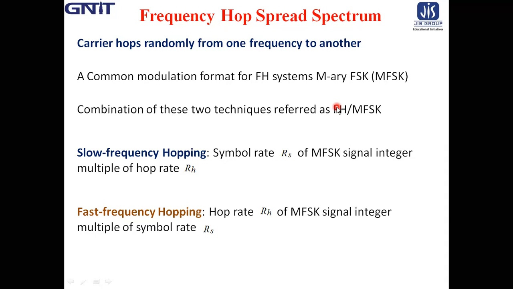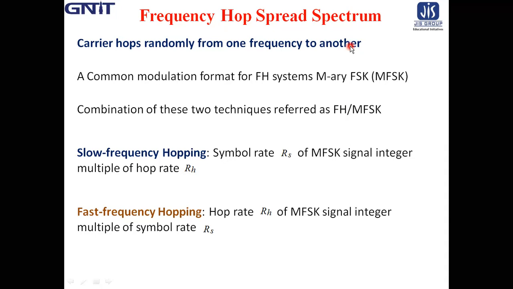The term sequentially refers to the pseudo-random ordered sequence of frequency hops. The type of spread spectrum in which the carrier hops randomly from one frequency to another is called frequency hop spread spectrum.